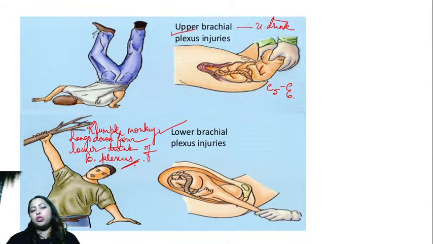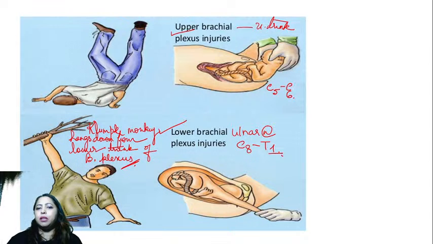Now, which one is the lower trunk? What does it give rise to? It gives rise to the ulnar nerve, that is C8 and T1. That is the root value of ulnar. So what is this one? Axillary.